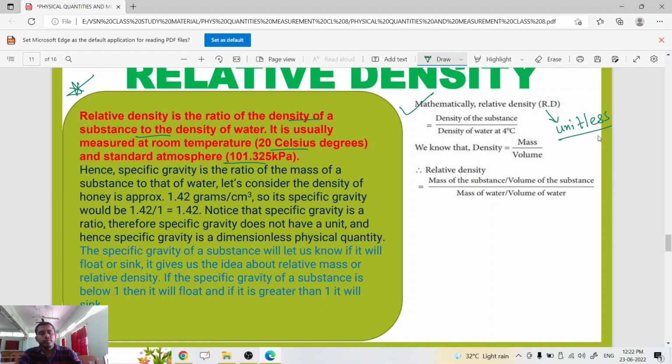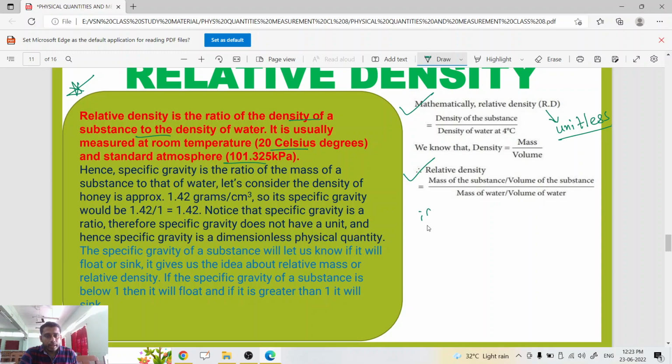So if we take it in terms of mass and volume, the relation is relative density is equal to the mass of the substance divided by the volume of the substance, upon the mass of the water divided by the volume of the water.